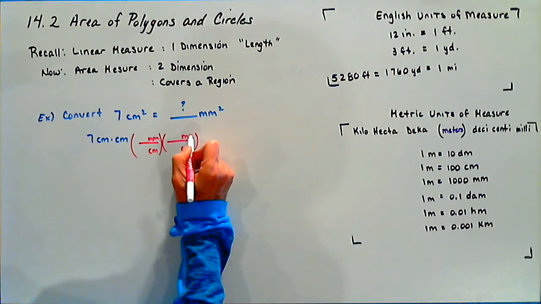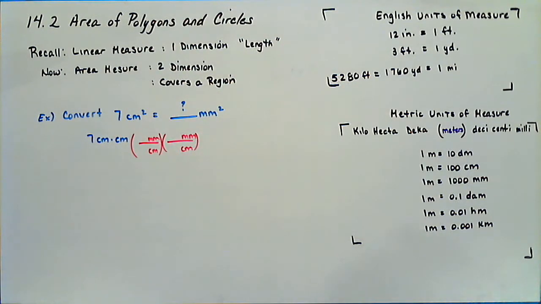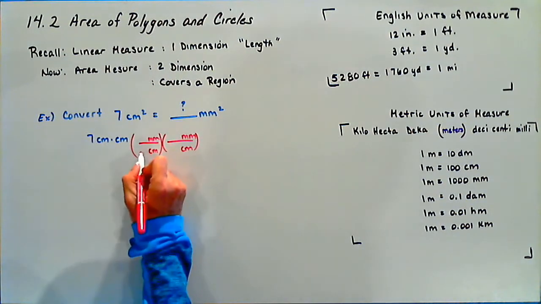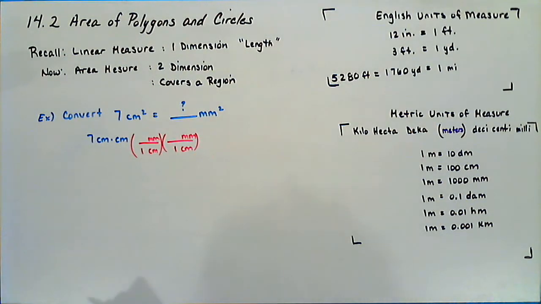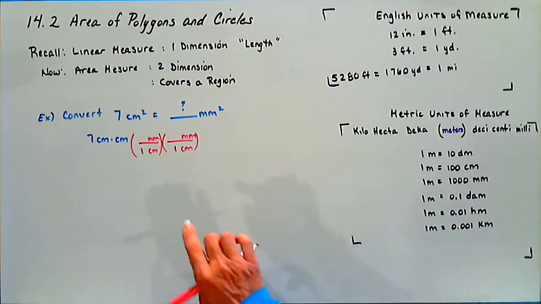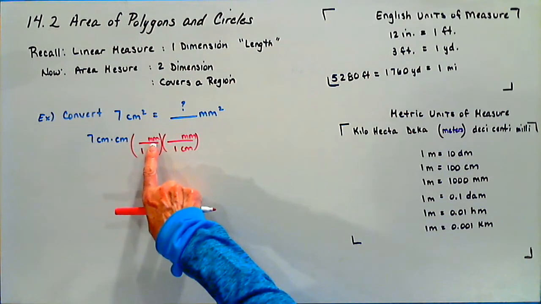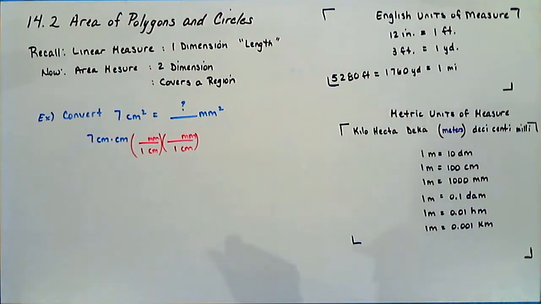Since it is area, I need 2 of them. So 1 centimeter. And I'm going to do the same problem going the other direction, just to show you you don't always have to choose this, because some of you may be saying, why didn't we choose 1 millimeter? So we'll do the problem both ways.